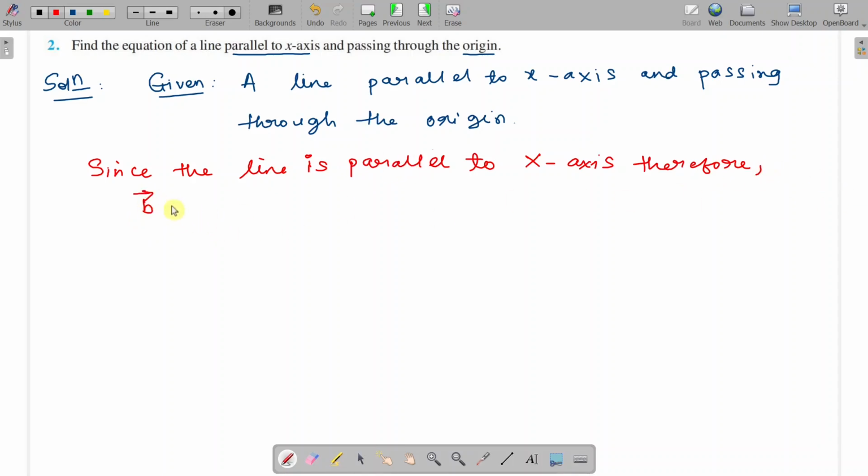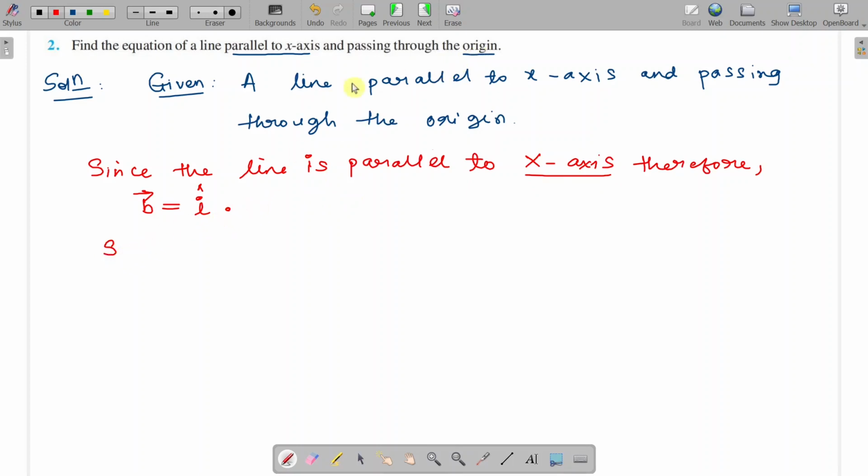B bar. Okay, so B bar will be nothing but I cap, because the line is parallel to the x-axis and the unit vector in the direction of x-axis is what? I cap, right? So the line is parallel to the unit vector I cap, right? This is the first thing which is given.